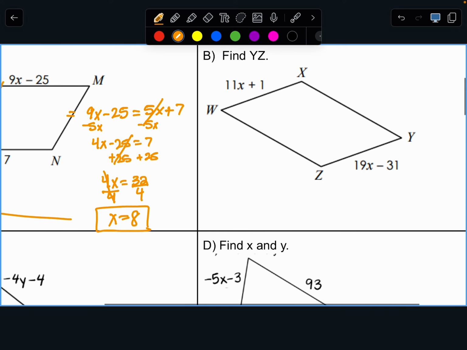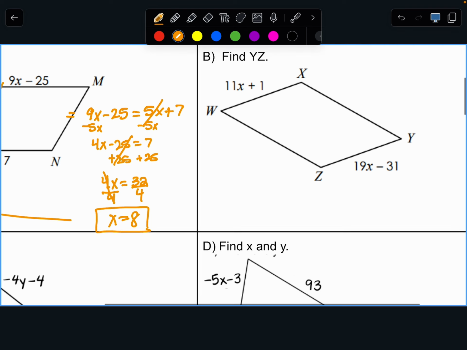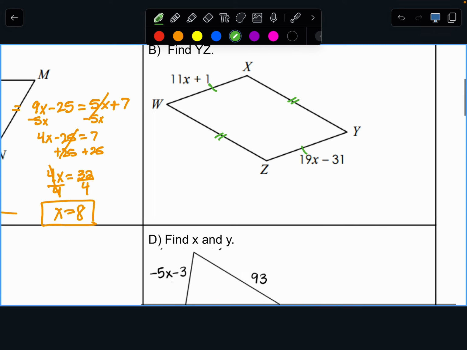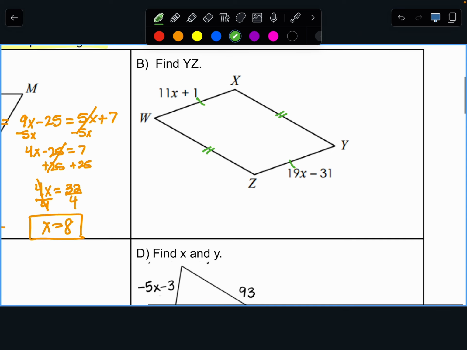It doesn't matter which 2 sides I use, as long as the sides are opposite, which these are. As long as I have information for opposite sides, I can set up my equation. So 19x minus 31 equals 11x plus 1.